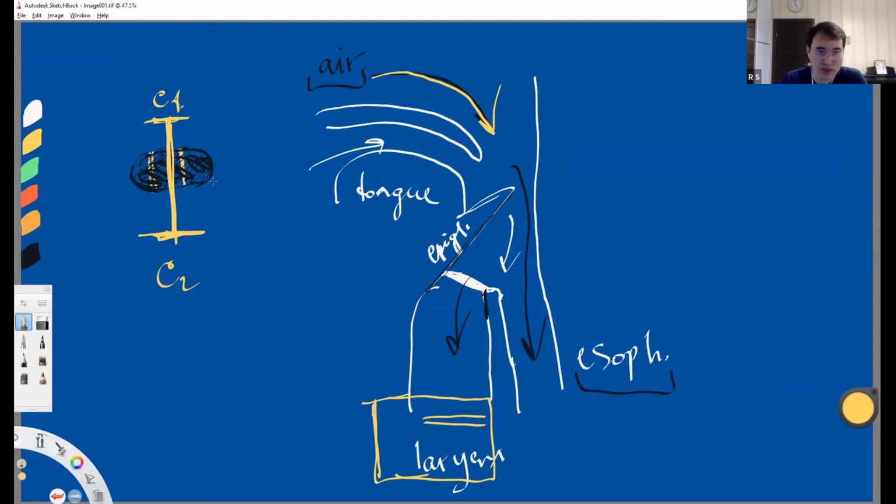But something worse might happen. The particles of food can go through these folds and get to the trachea and bronchi. We have the trachea here and bronchi like this. So let's say the particles are in the diameter of these tubes.